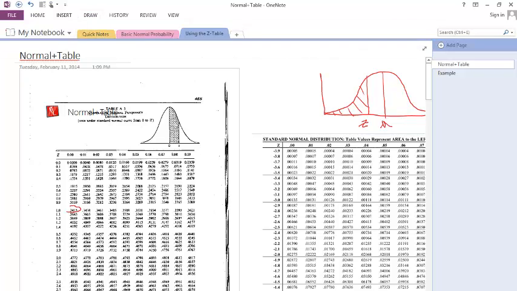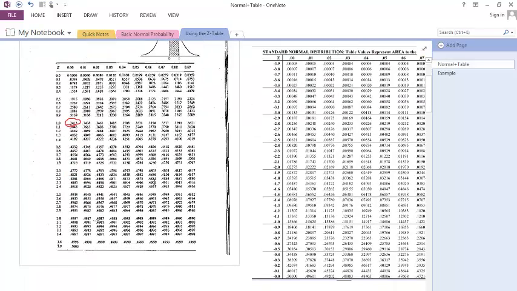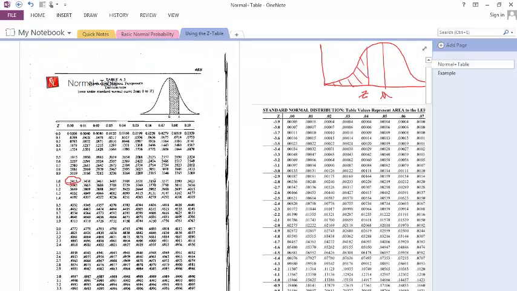If you look at one standard deviation on the left, you'll see it's 34%, and that is what we talked about last time. It's measured as this area, from the mean, either way, left or right, to the z-value.